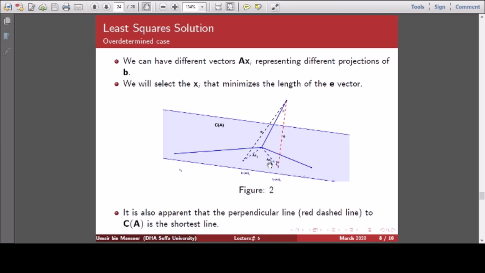Okay, so let's say we have denoted X naught or X optimum to be the vector that generates a vector in the column space that is perpendicular to E.